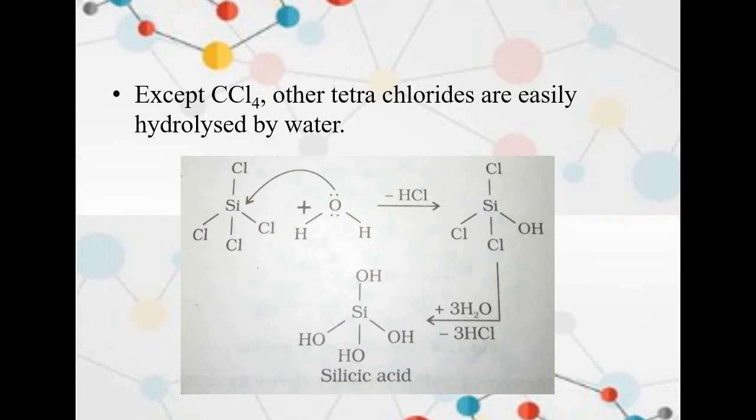Here, one of the hydrolysis reactions of silicon tetrachloride is given. Here, 4 Cl groups are present in silicon tetrachloride. While it is treated with an H2O molecule, one of the Cl groups is replaced with an OH group. If 3 more water molecules are used, all the Cl groups are replaced by OH groups.